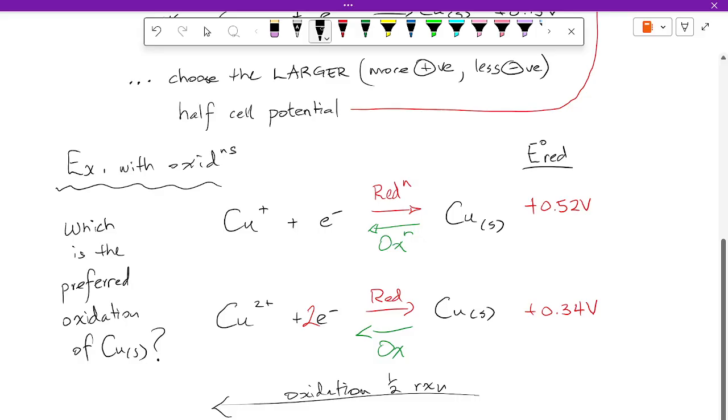So it's easy if we're looking at a preferred reduction because our table gives us reduction potentials. But if we're looking for the preferred oxidation, then we need to have the oxidation potential.